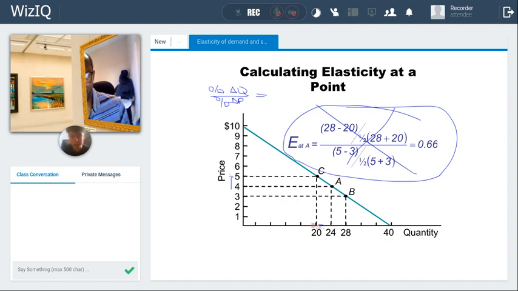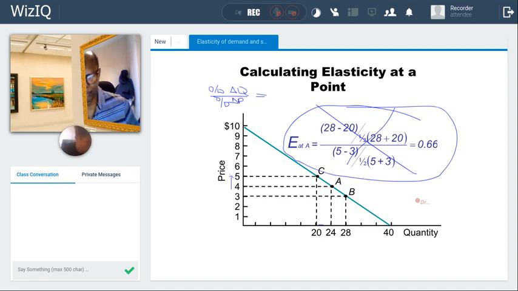So the price has increased from 4 to 5. The percentage change in the quantity is from 24 to 20. So the new minus the old, divided by the old, multiplied by 100.